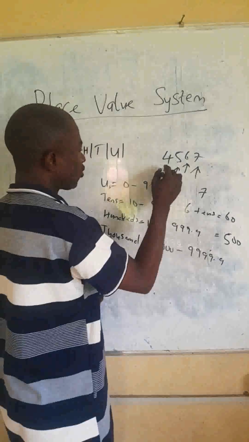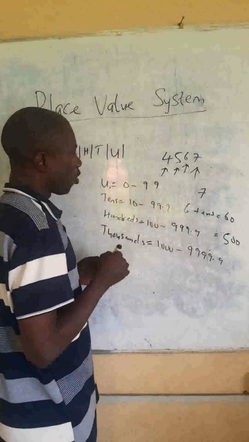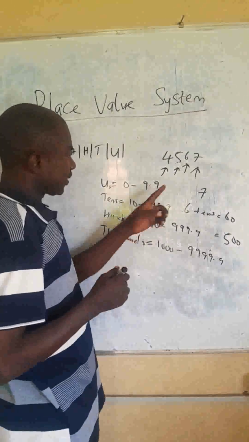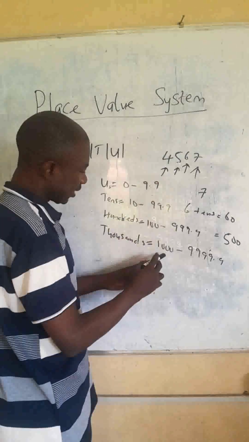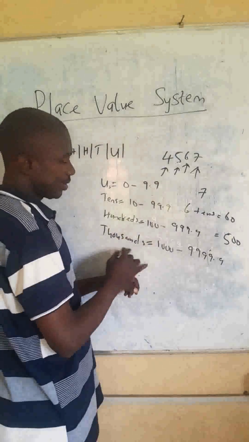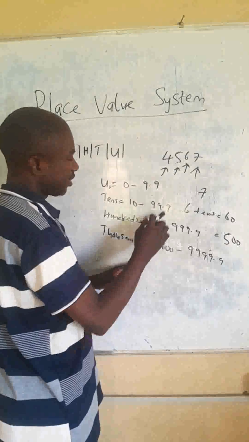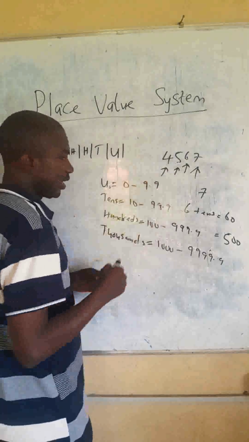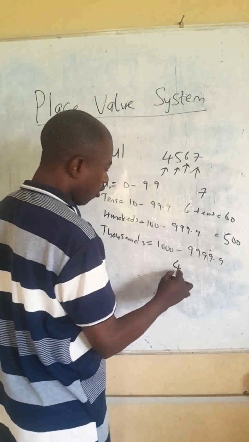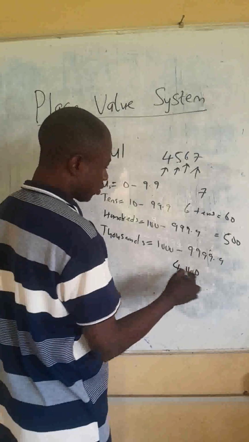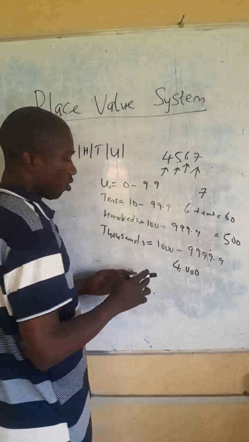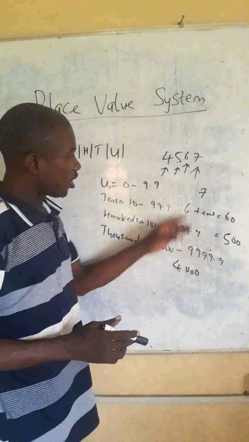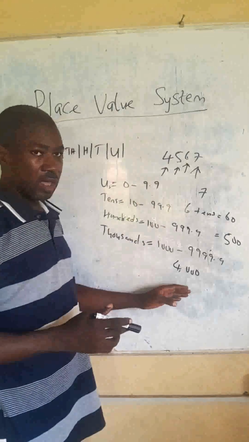Now let's come to the last one, which is 4. Where is 4 placed? 4 is placed in the thousands. So the value of this 4 here is 4,000.